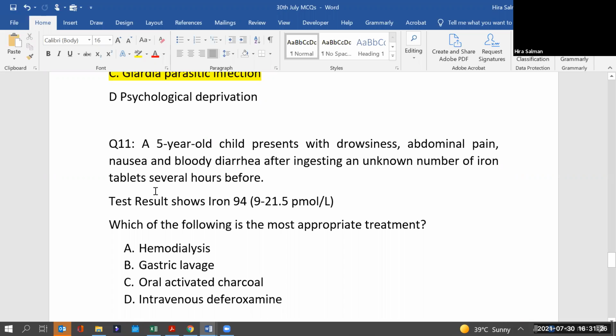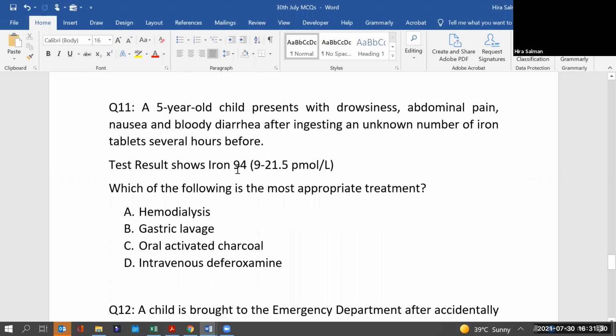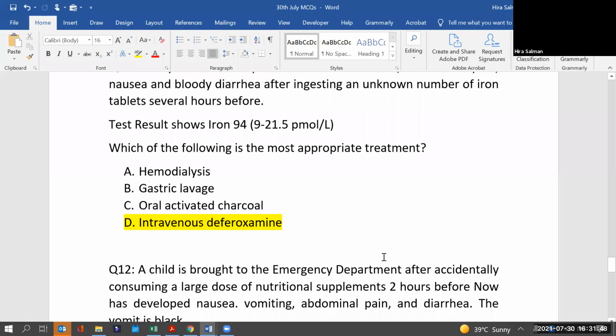And you can see the iron result is showing 94. The normal amount is up to 21.5 picomole per liter. But if the blood is showing 94, it means too much iron is there. What are you going to do? You will give the iron antidote, and the iron antidote is deferoxamine. Always remember, whenever it comes to the antidote of iron, it's deferoxamine.